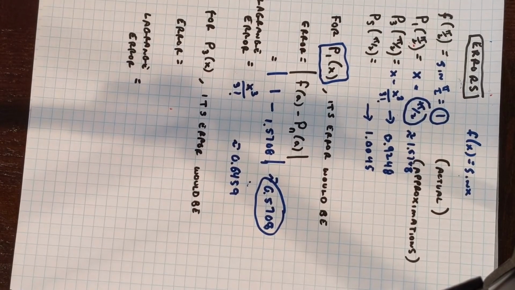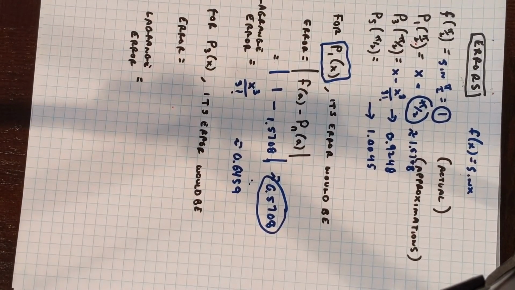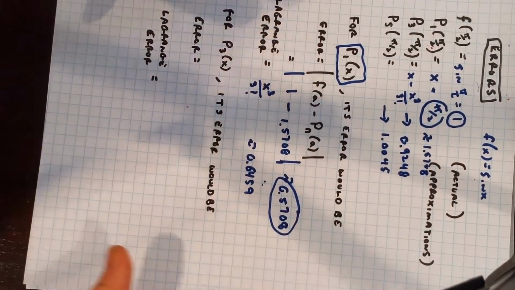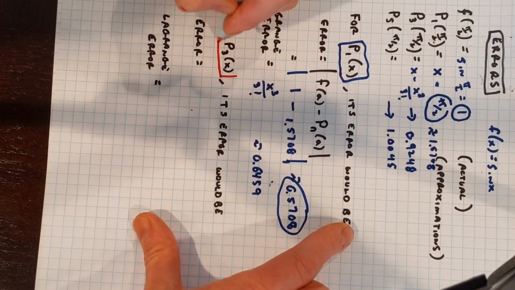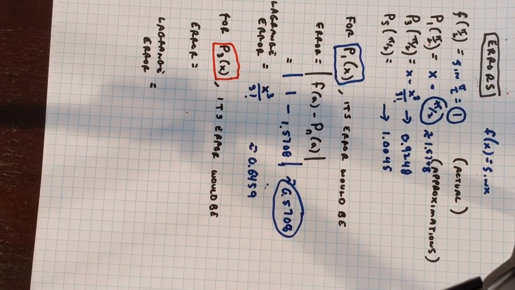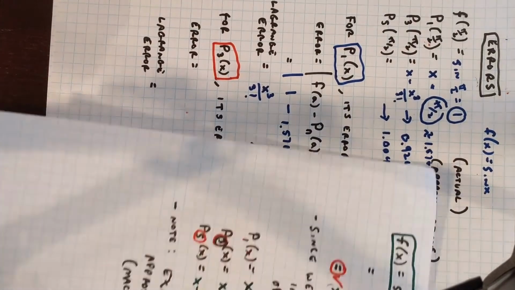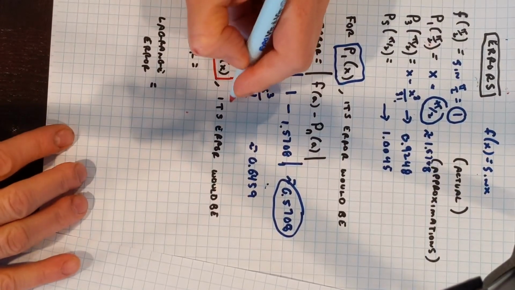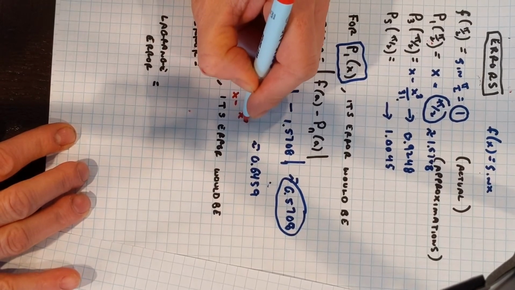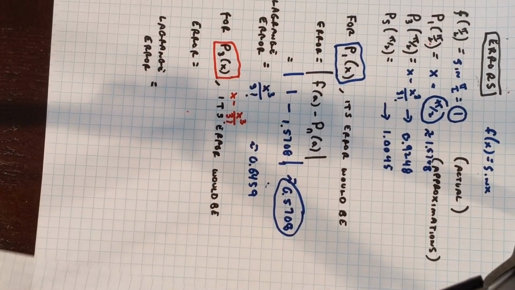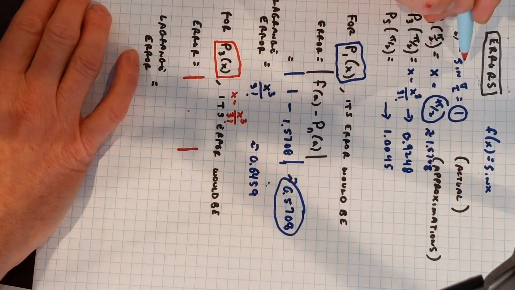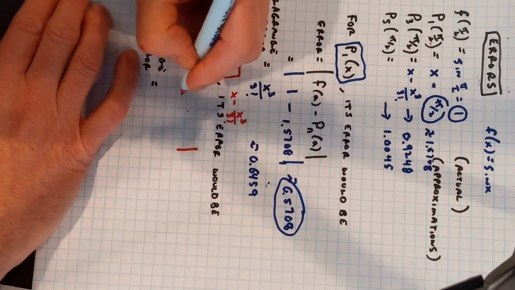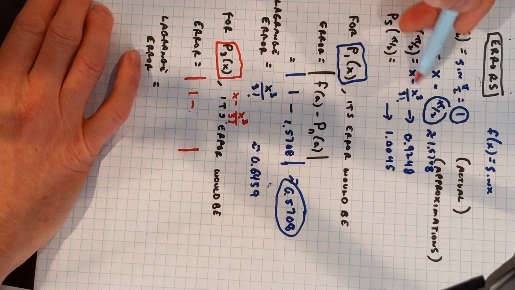Now I want to consider if I had used P3, my third order polynomial. The third order polynomial is right there: x minus x cubed over 3 factorial. Its error would be the actual value of the function, which is 1, minus my P3 function.